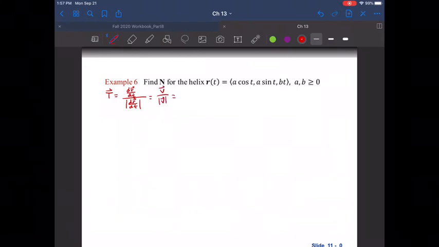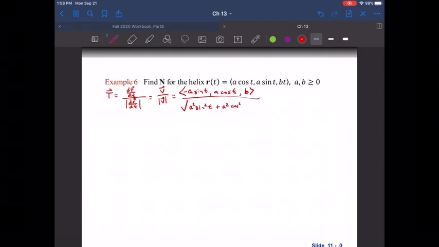That's what we're doing. So the derivative of a cosine of t is just going to be negative a sine of t, and the derivative of a sine t is a cosine of t, and the derivative of b times t is just b, and then we divide this by its own magnitude, so this becomes the square root of a squared sine squared of t plus a squared cosine squared of t plus b squared.